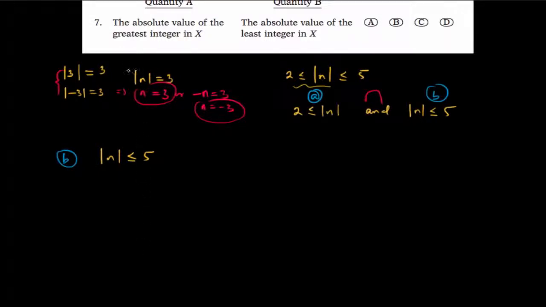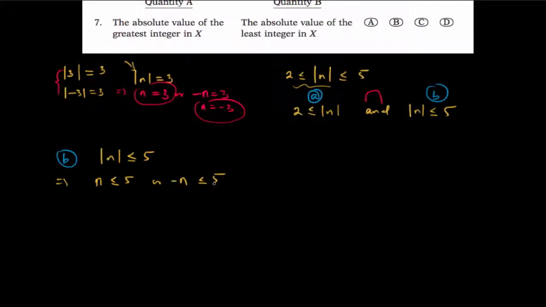Now according to what we showed here, if the absolute value of a number equals 3, it implies that either the number equals 3 or the negation of the number equals 3. So here too we are told that the absolute value of n is less than or equal to 5. So this implies that either n is less than or equal to 5, or the negation of n is less than or equal to 5.